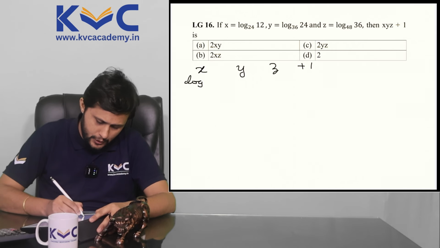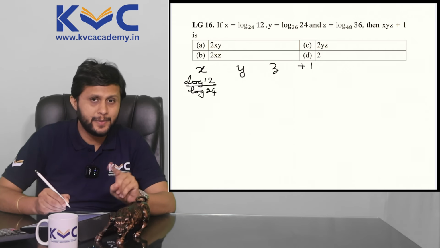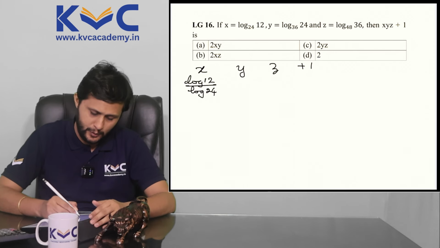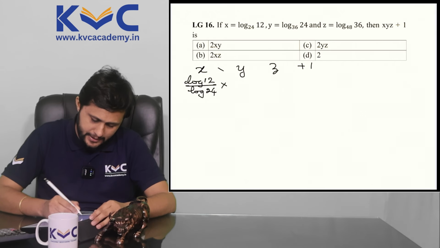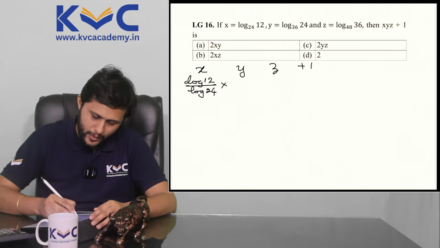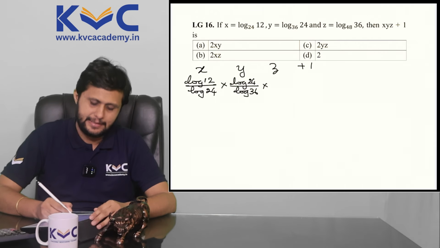X is how much? Log 12 divided by log 24. It is given as log 12 to the base 24. Yes, I have changed the base. Log 12 divided by log 24. What is y equal to? X into y into z. Y is equal to log 24 by log 36.